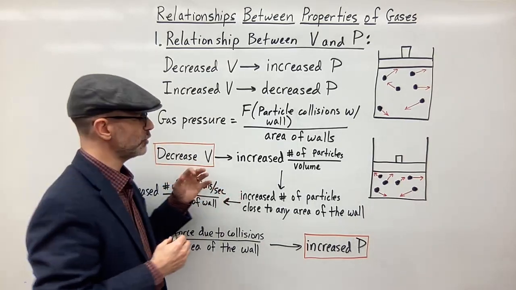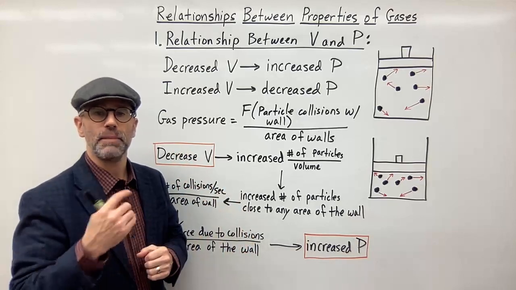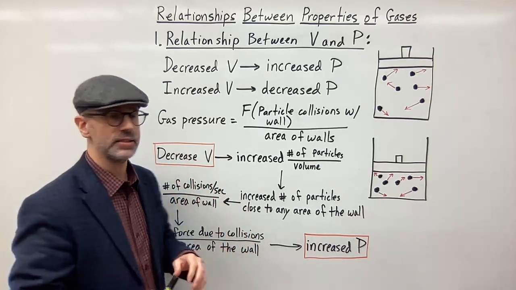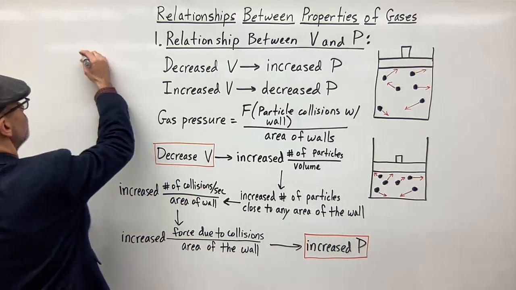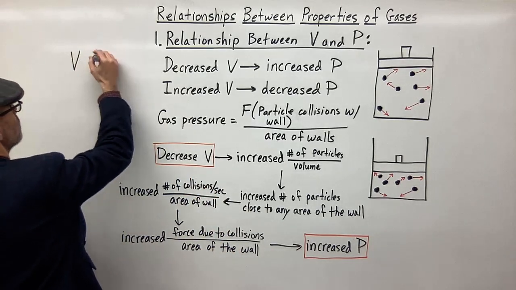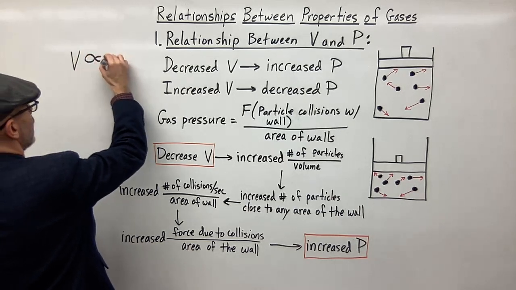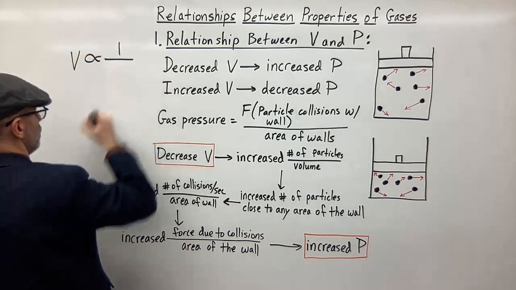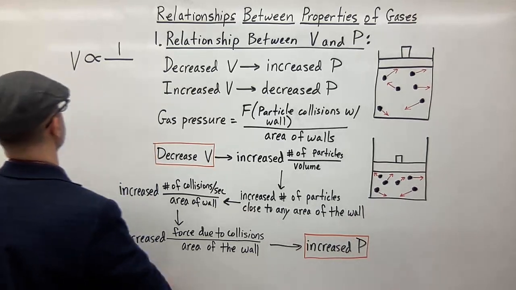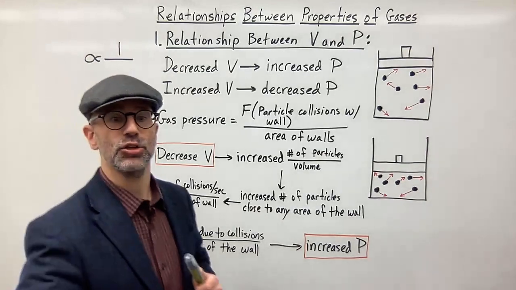If the temperature and the amount of gas are held constant, then volume is going to be inversely related to pressure. Or we could do it the other way. Pressure is inversely related to volume.